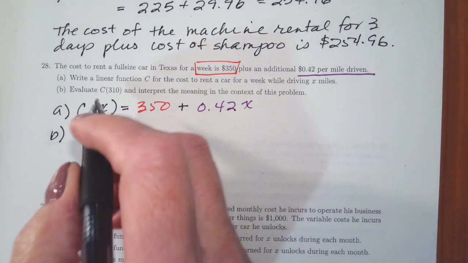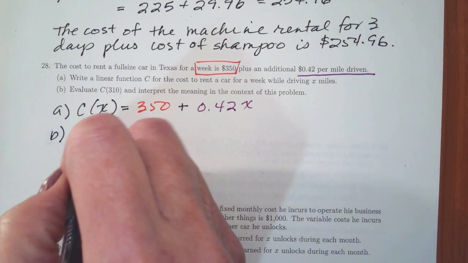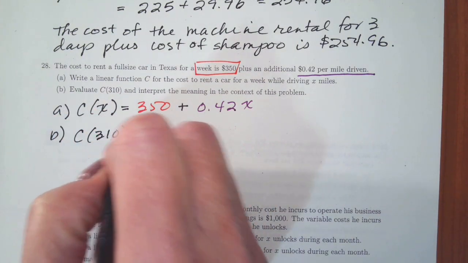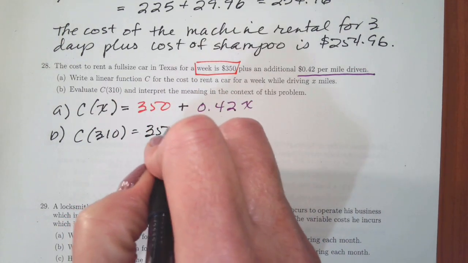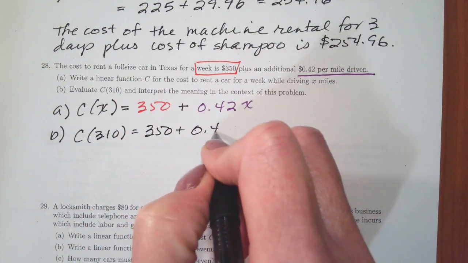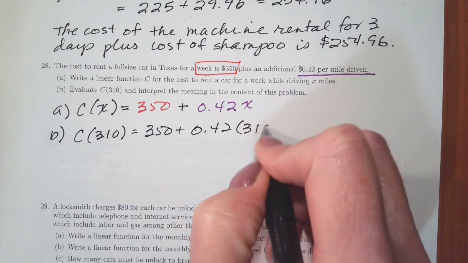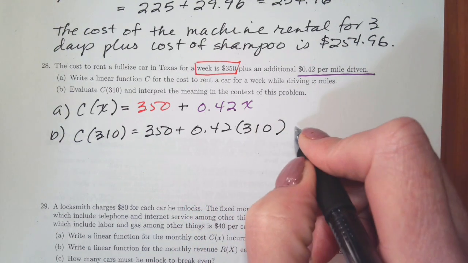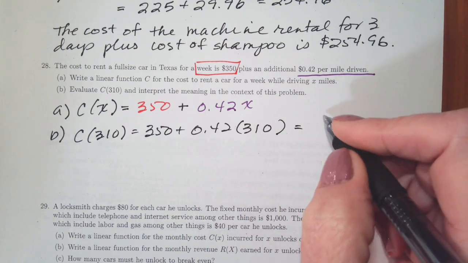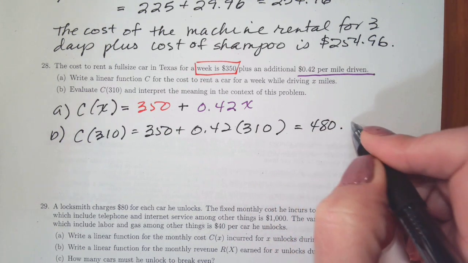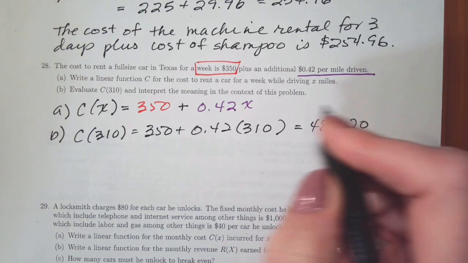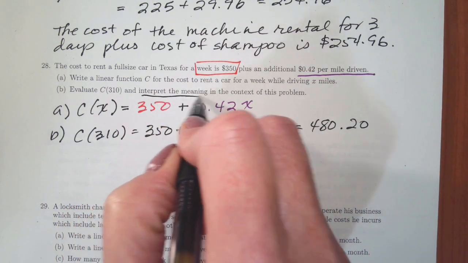Okay. Evaluate C of 310. That means I replace the X with 310. So this is 350 plus 0.42 times 310, which is, I hope my arithmetic is correct, 480.20. And it says to interpret the meaning.